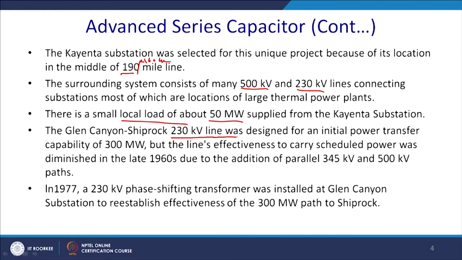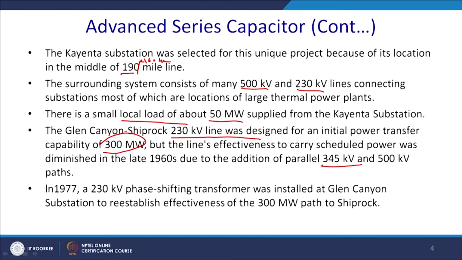The Glen Canyon to Sage Park 230 kV line was designed for an initial power transfer of 300 megawatt, but this line's effectively usable scheduled power was diminished in the 1960s due to the addition of parallel lines of 345 kV and 500 kV paths. So, its capability was reduced because of the parallel paths.